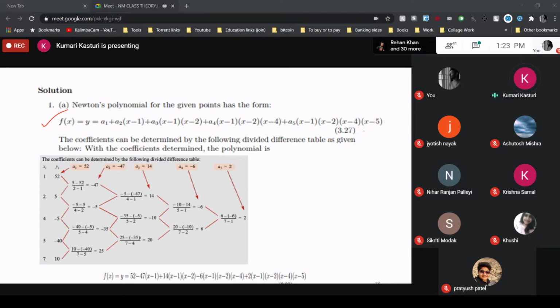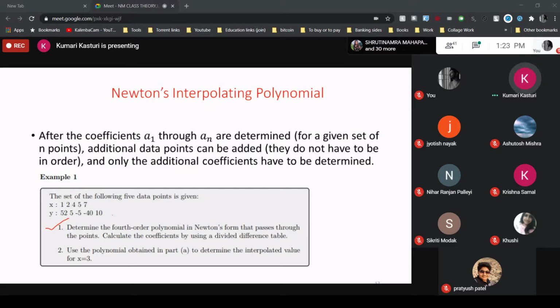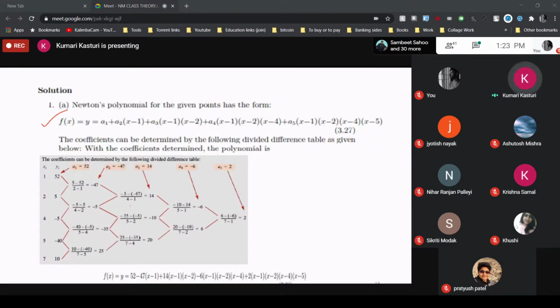One thing again I want to clarify: in the Newton's polynomial, the number of coordinates means data points you are having, that many terms should be present in the polynomial. So 1, 2, 3, 4, 5: 5 terms should be present as you are having 5 data points.